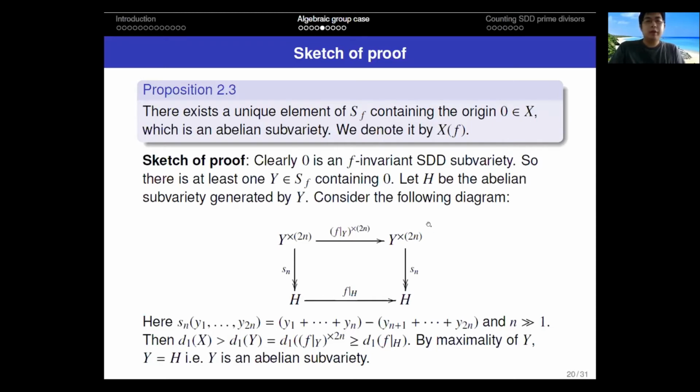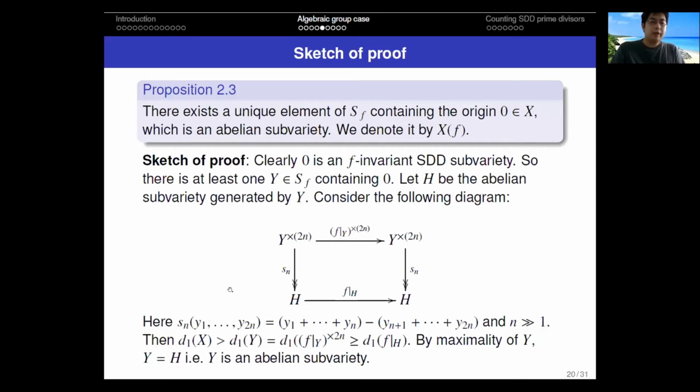We consider this diagram. We take a sufficiently large number n, and S_n is defined by the difference of the first n coordinates minus the last n coordinates.